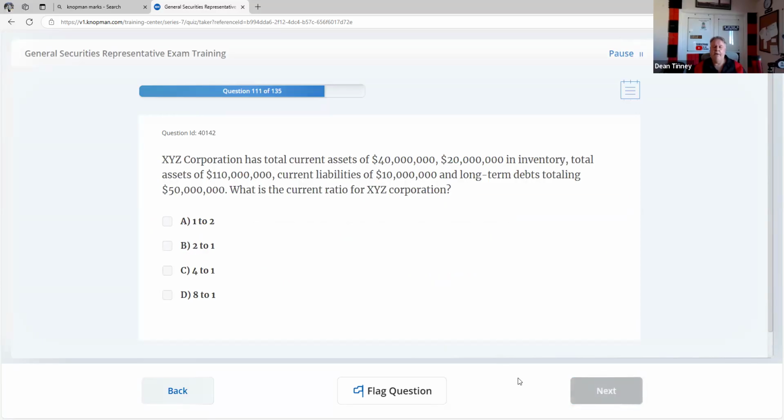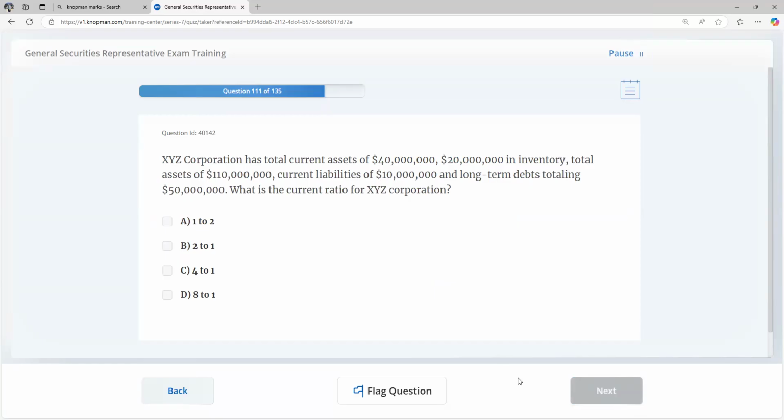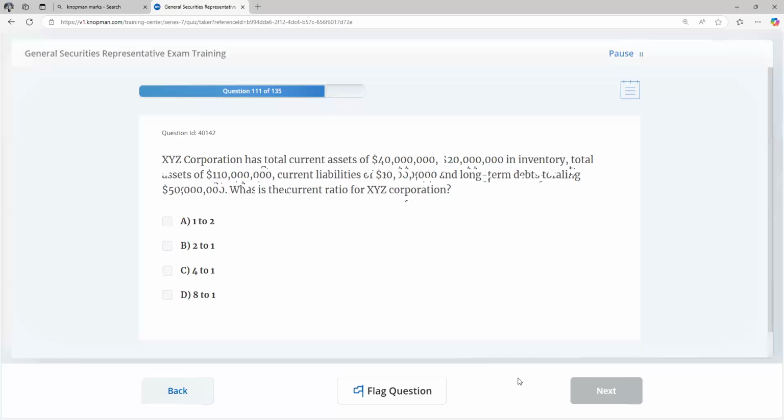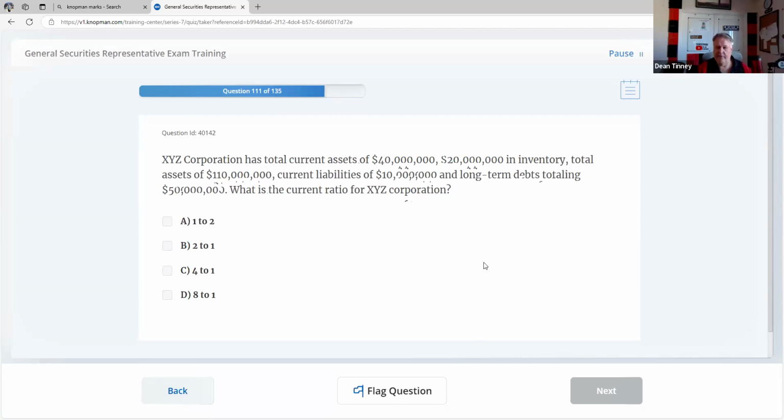XYZ Corporation has current assets of 40 million, 20 million in inventory, total assets of 110, current liabilities of 10, and long-term debt of 50. What is the current ratio for XYZ Corporation? The current ratio is current assets divided by current liabilities. That's exactly correct.